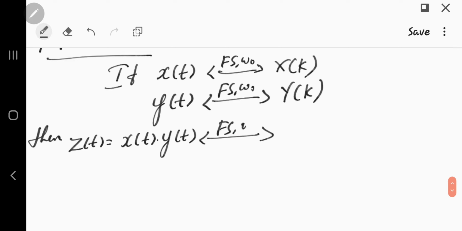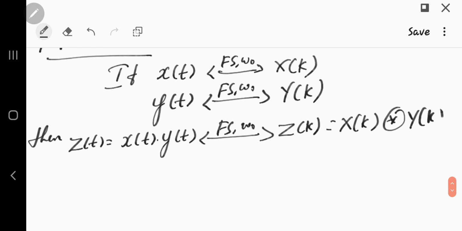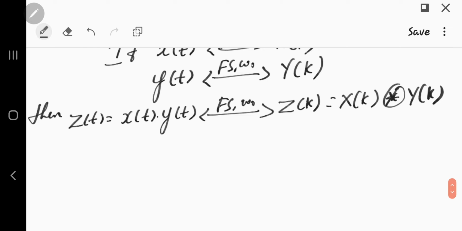When this is transformed into the frequency domain using Fourier series, you will get x of k convolved with y of k. So this is the statement. Multiplication in the time domain will be equal to the convolution of these in the frequency domain. So that is what the modulation property states.